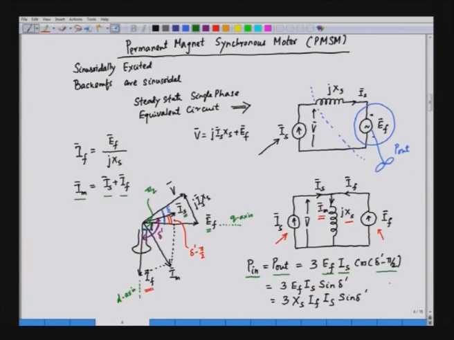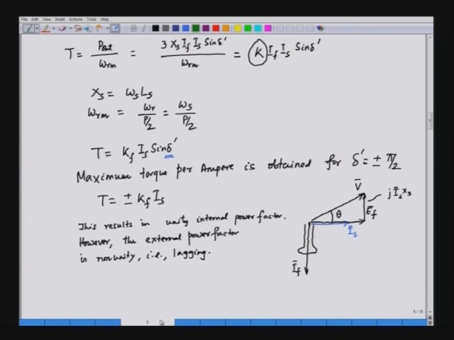If we simplify that, we obtain 3 XS IF IS sin delta prime. So, the power is proportional to sine of delta prime. If we change delta prime, the power will change. What is the torque? Torque is power divided by the mechanical speed. So, the torque is P out divided by the mechanical speed omega rm.